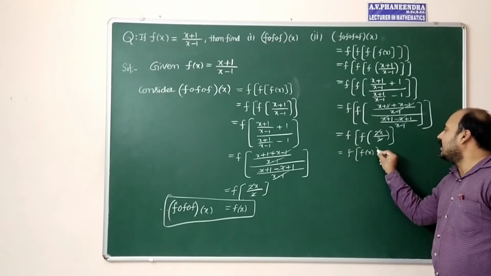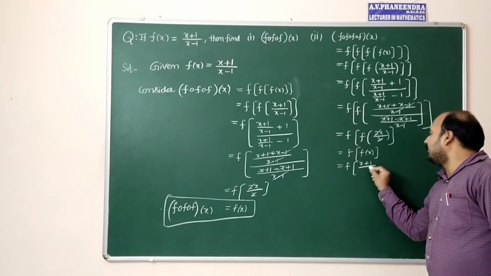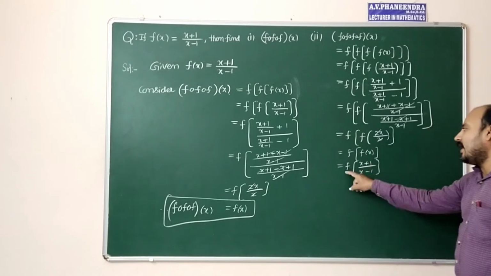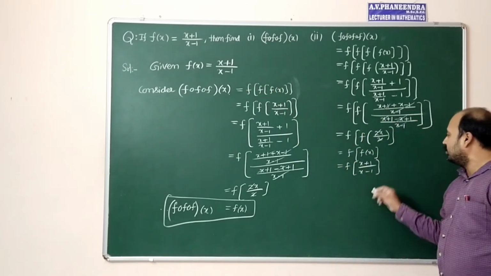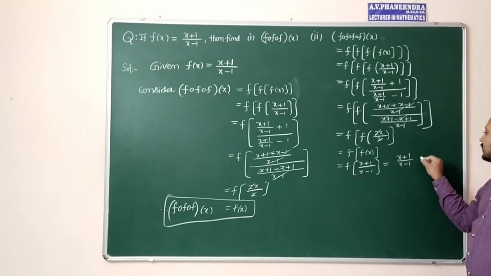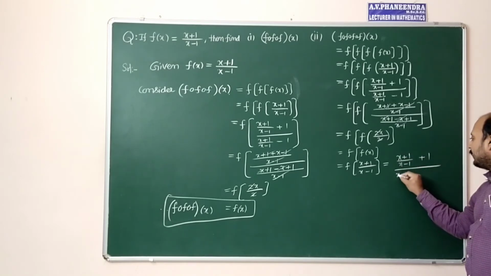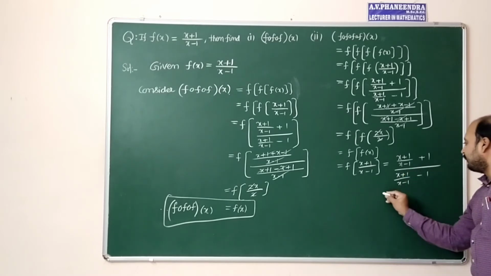What is f of x again? Which is equal to f of x plus 1 divided by x minus 1. Again f of x plus 1 by f of x minus 1. Whenever x is there, you have to replace it with this value, which is equal to x plus 1 divided by x minus 1 plus 1 divided by x plus 1 divided by x minus 1 minus 1.